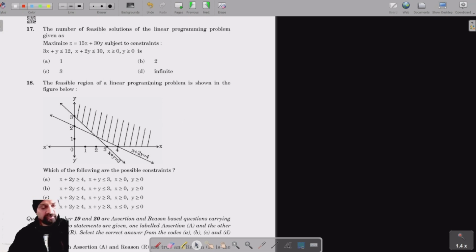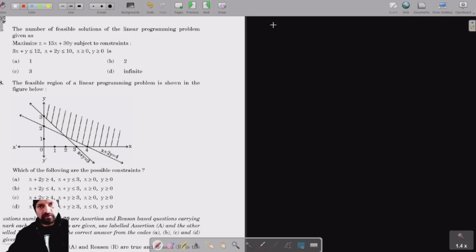Okay, for question number 17, we have to find the number of feasible solutions of the linear programming problem given as maximize z. So our objective function is maximize z is equal to 15x plus 31. So let's first of all sketch the graph, and for that let's get the coordinates for 3x plus y is equal to 12.